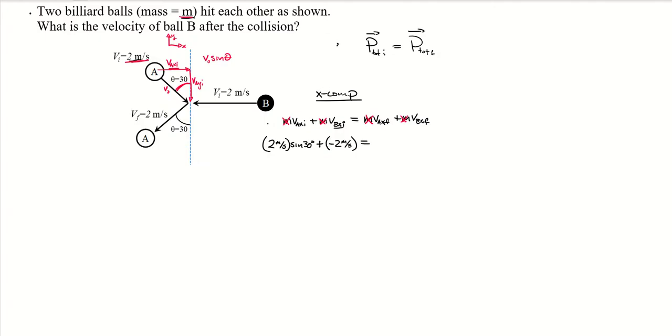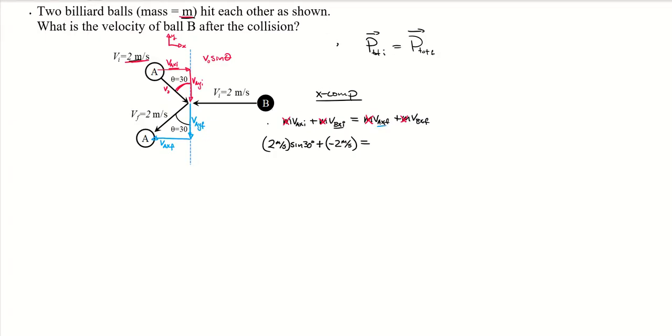If we look at after the collision, the velocity of A is again not in x or y. It has to be split up into components: VAY final and VAX final.